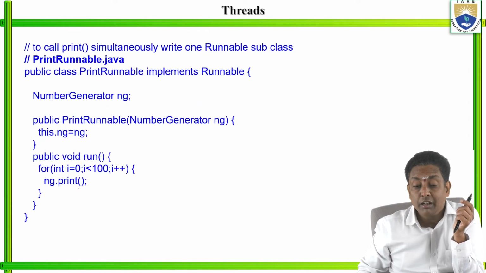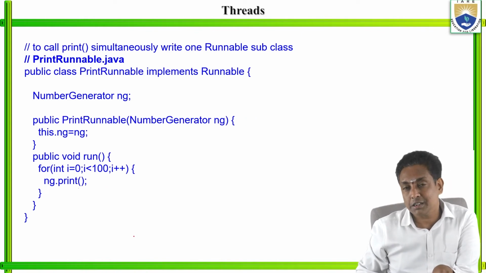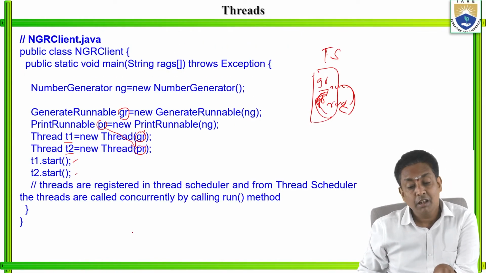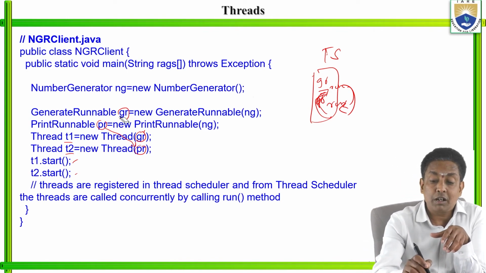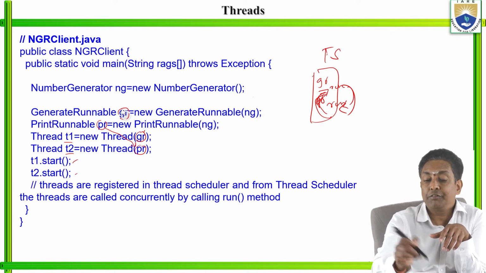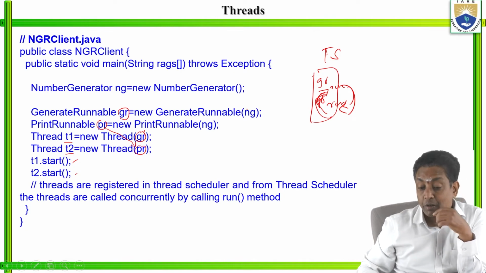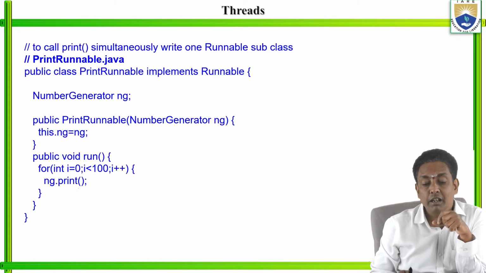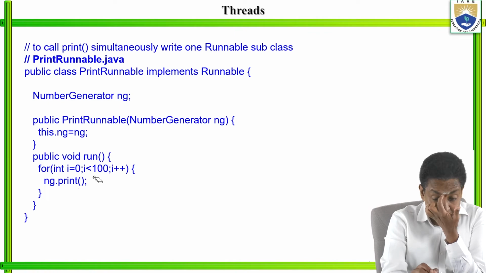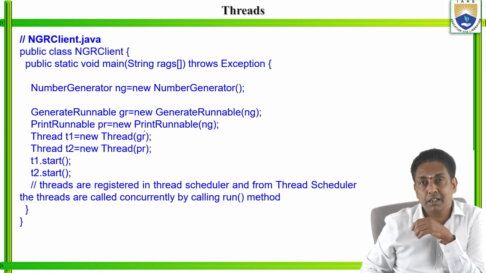Here we don't write the generate runnable and print runnable classes. Directly in the client program itself, we'll write a Runnable class object. The Runnable object's construction body will directly implement the run method, and from there we'll call the generate and print methods. We'll see the difference.